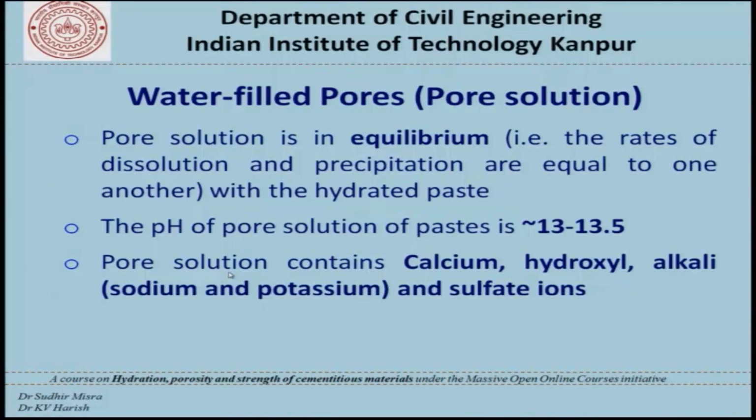So, what does pore solution contain? Pore solution essentially contains calcium ions, hydroxyl ions, alkali ions, either sodium or potassium, and sulfate ions. And in the next figure, what we will see is how the ion concentration changes with time in the process of hydration.